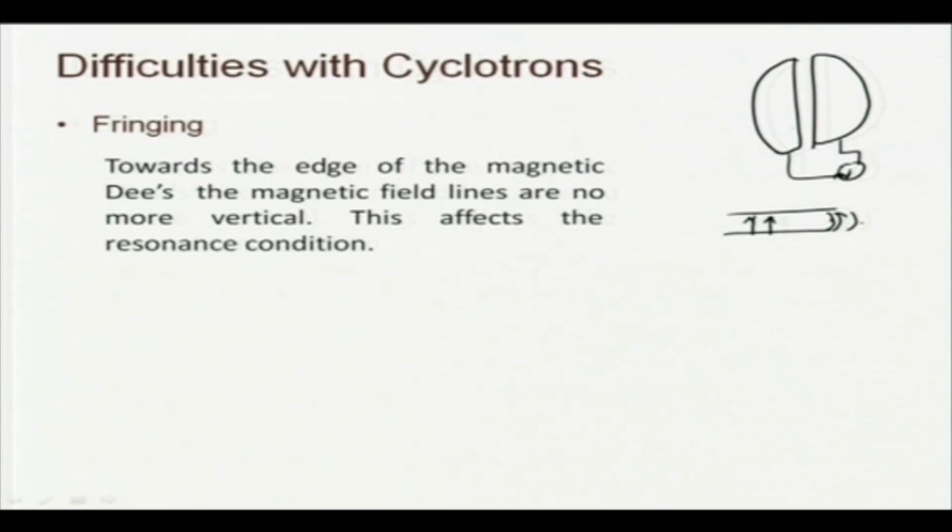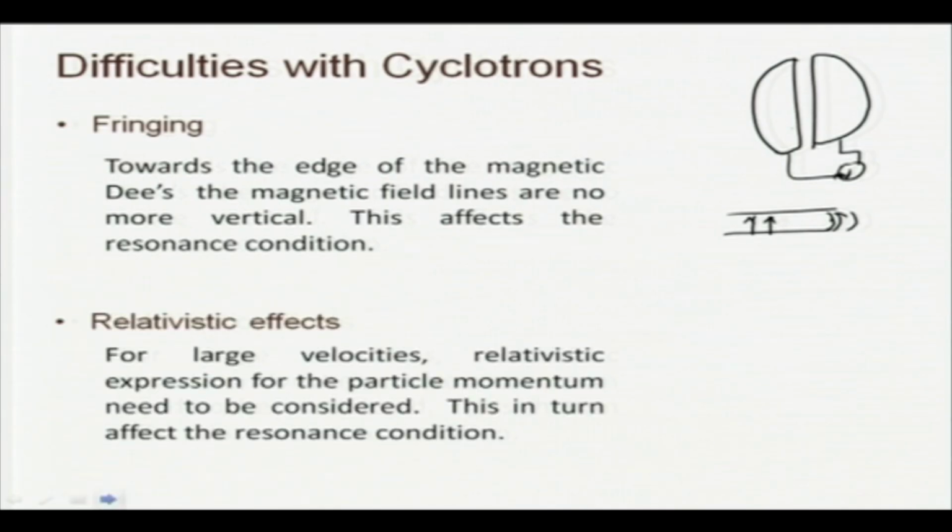The other problem is the relativistic effect that we have not considered. When we derived this resonance condition, we used an expression for momentum which is equal to mass times the velocity of the particle.